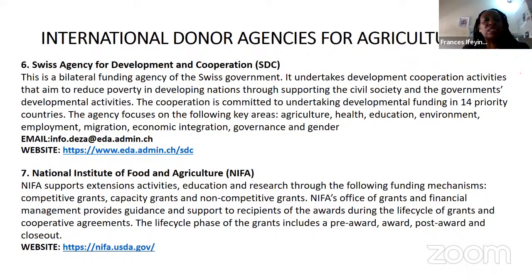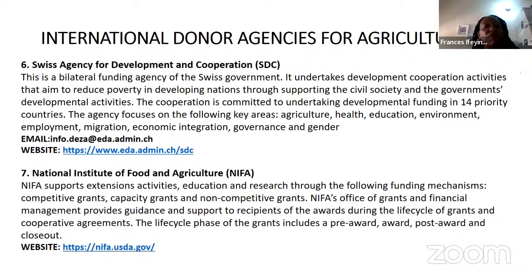Number 7 is the National Institute of Food and Agriculture, NIFA. This supports extensive activities, education and research through the following funding mechanisms: competitive grants, capacity grants, non-competitive grants.